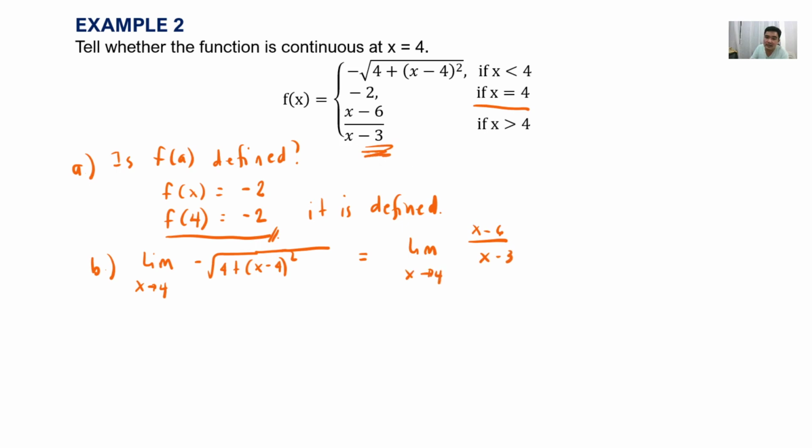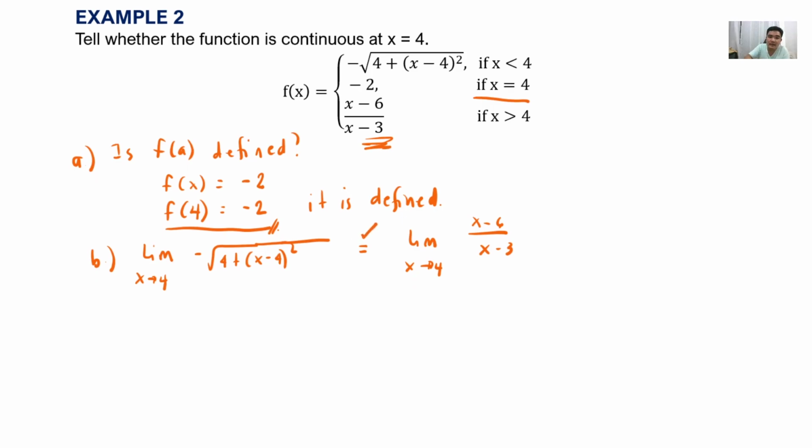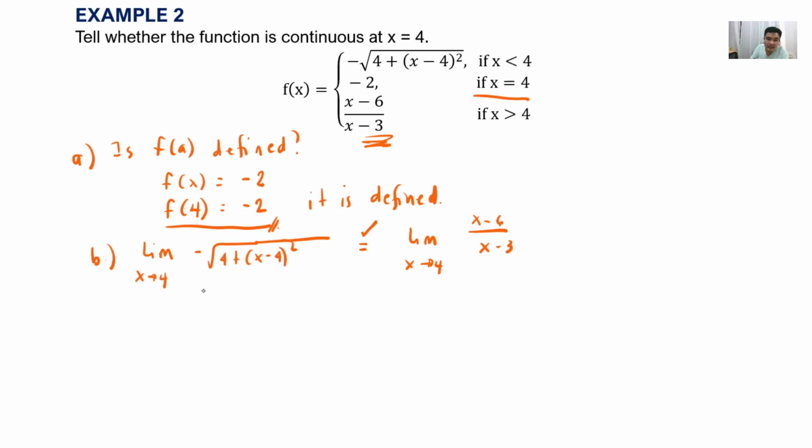Okay, itong right. They should be equal. Okay? So, tignan natin. Substitute natin si 4.